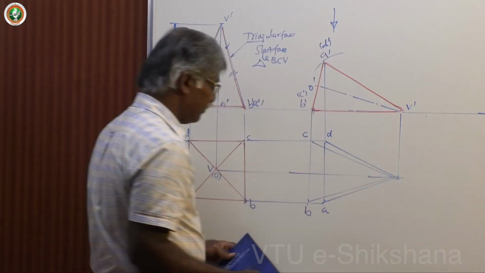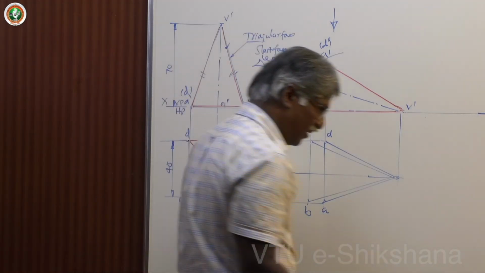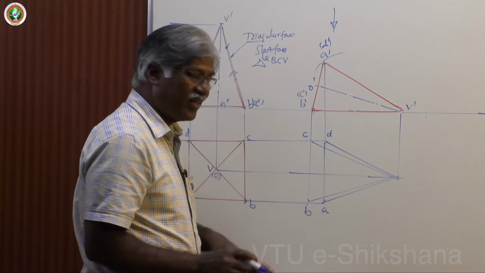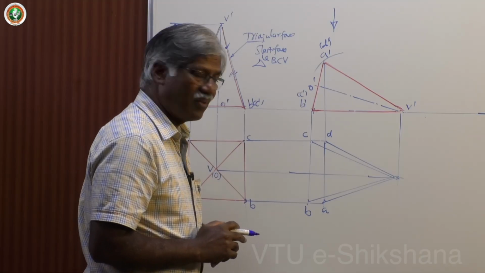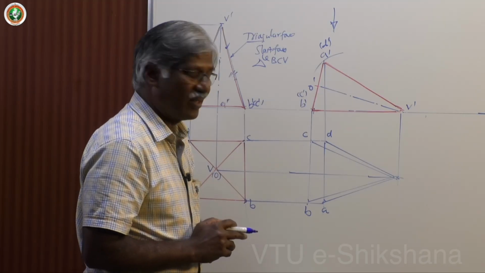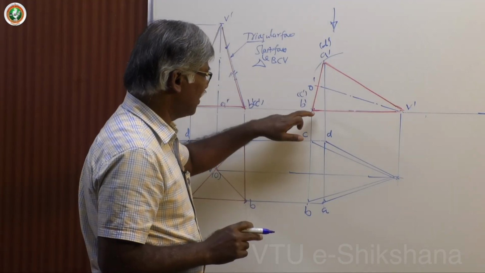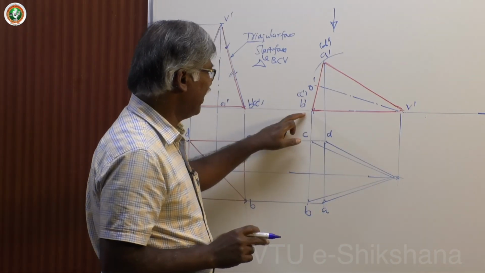Okay. Now, visibility, the concept of visibility. Here the farthest item concept may not work, according to me, because the farthest item from you is the triangle BCV itself.